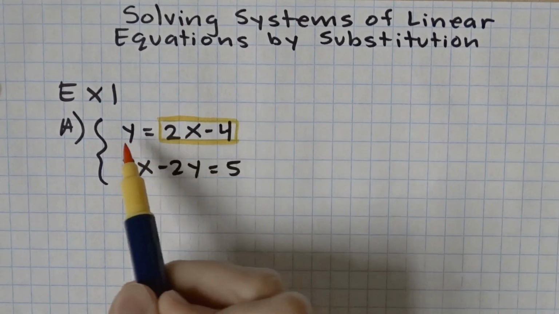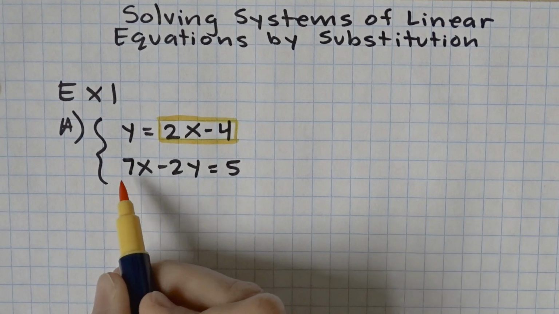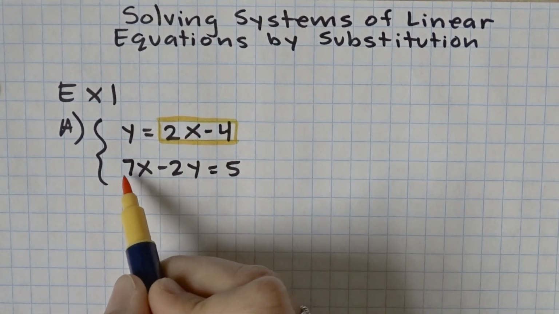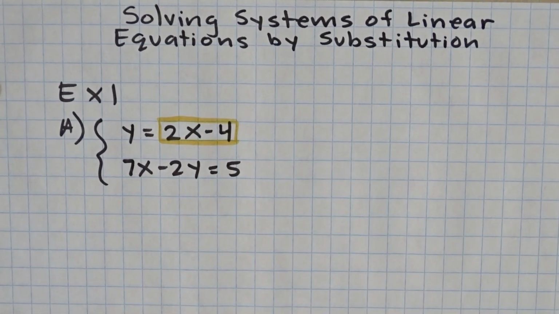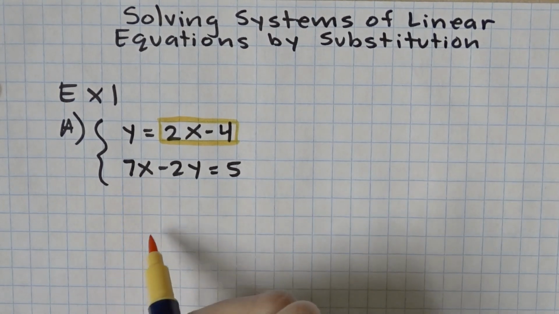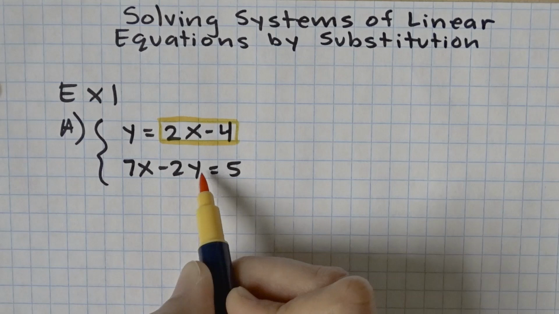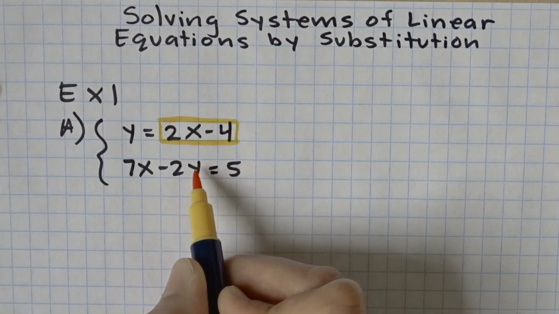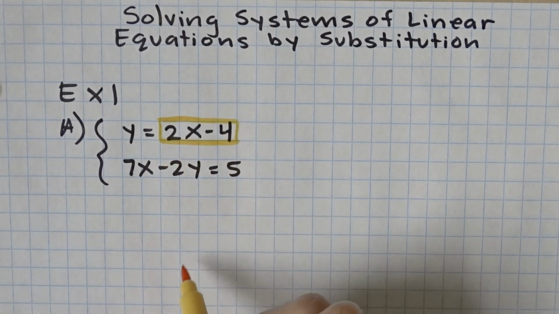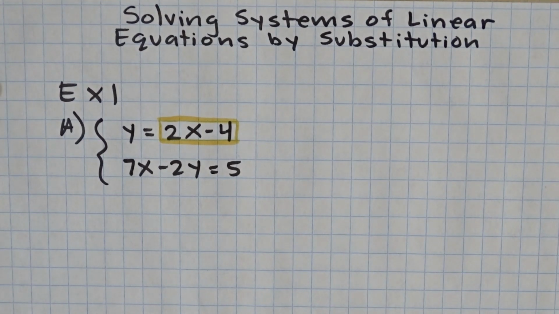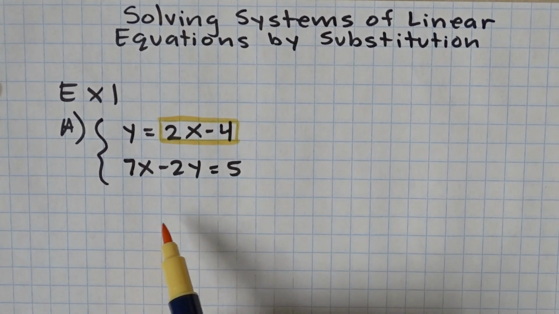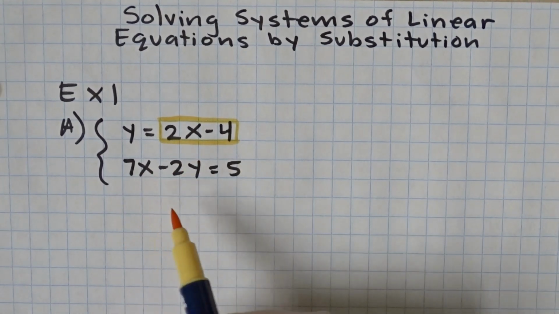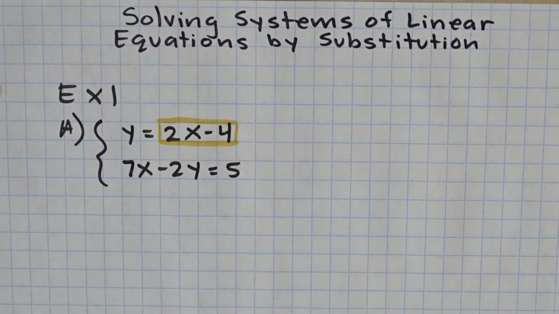So they're telling you here that these are the same. So I'm going to use that term in the second equation. It would say 7x minus 2, but I'm not going to call it y this time. I want to use y's nickname: 2x minus 4 equals 5. When I do that, it's going to look a little more complex, but we can simplify that, okay?